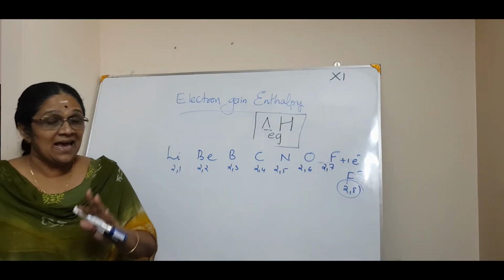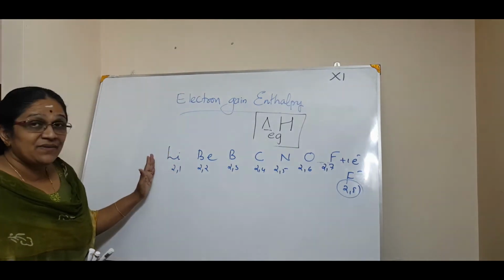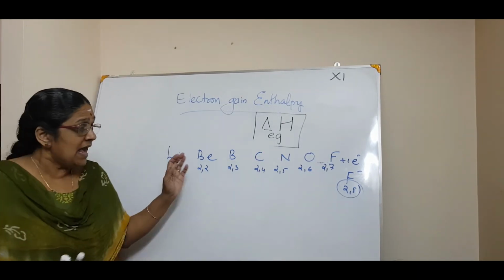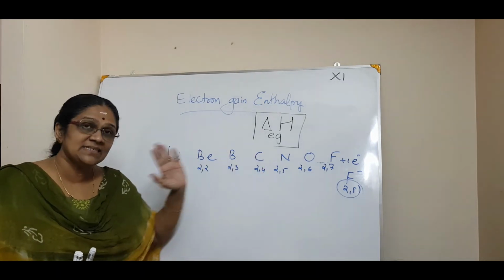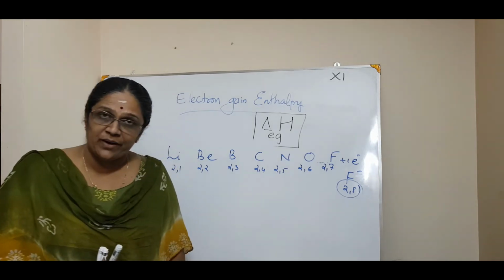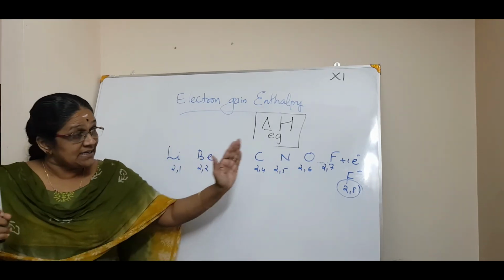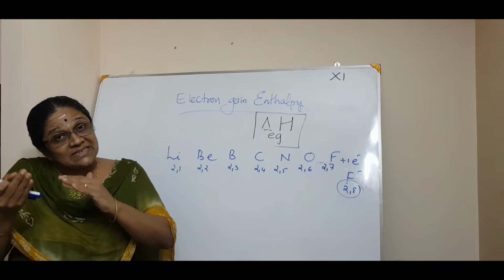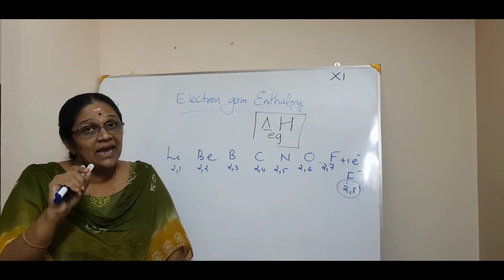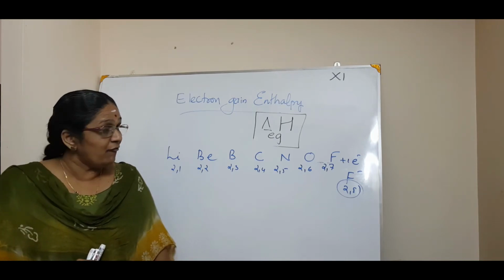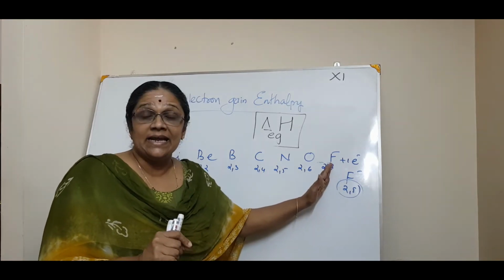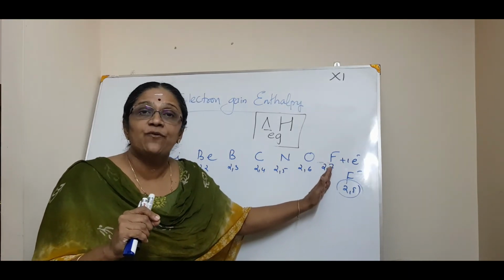So we will say, as a general rule, as we go from left to right in a periodic table, what will happen? As the atomic number increases from left to right, or the effective nuclear charge increases from left to right, or the atomic size decreases from left to right, we can say that the electron gain enthalpy will have more and more negative value, and the highest negative electron gain enthalpy is for fluorine.